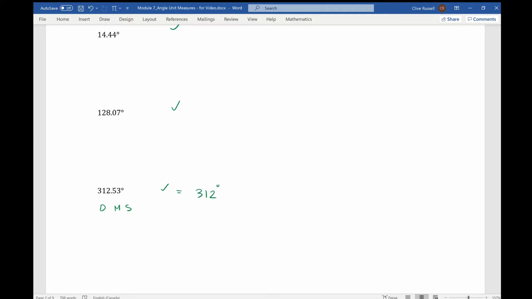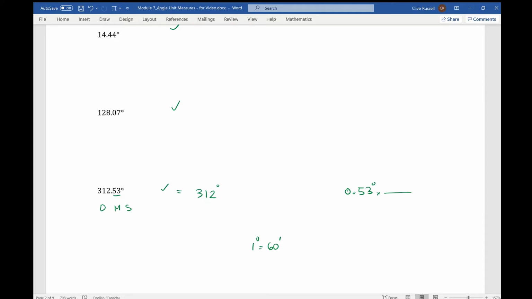Right? So what we do now, we take the 0.53 degrees, and we multiply that by a unit factor. Remember, we know that 1 degree is 60 minutes. So we want to convert the 0.53 degrees to minutes.